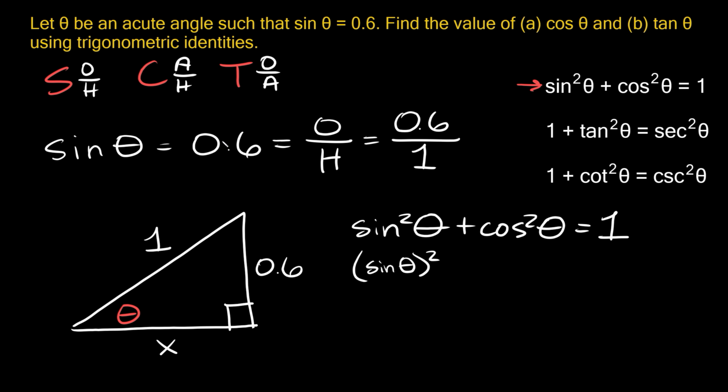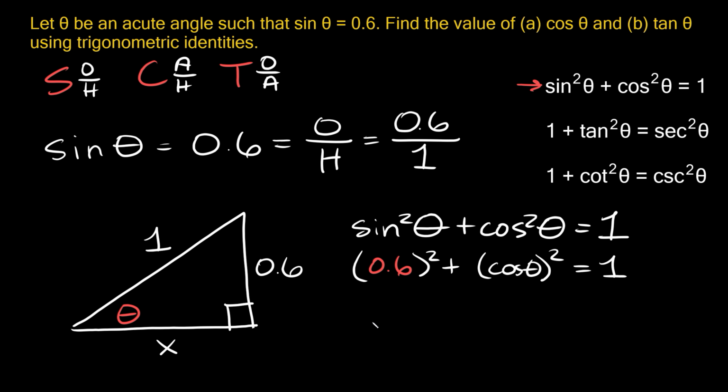Well, it told us from the very beginning, right? 0.6. So let's plug in a 0.6 right here for the sine of theta. So we're going to plug in a 0.6 right there. And then we're going to add, so we can rewrite it like this if you want, or just to make it a little bit more clear what we're doing, you can write it as the cosine of theta squared. And again, this is all equal to 1, all right?